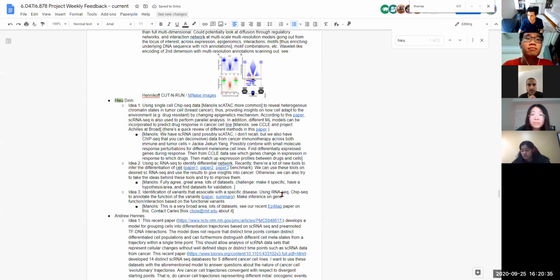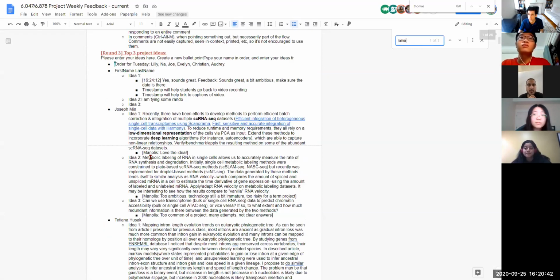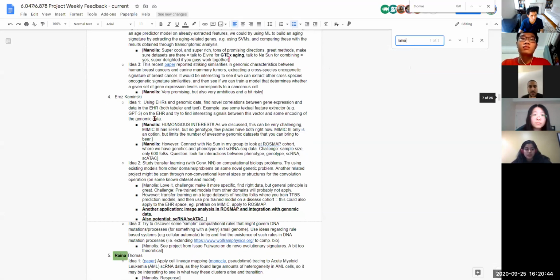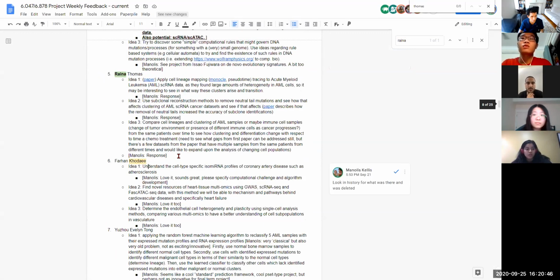Sounds good. Okay, awesome. So I think Raina, you had entered your name first in the other room before the breakout. So let's go through yours. Thank you. All right. Apply cell lineage mapping and tracing to AML scRNA-seq, as they found large amounts of heterogeneity. Interesting. Yep.